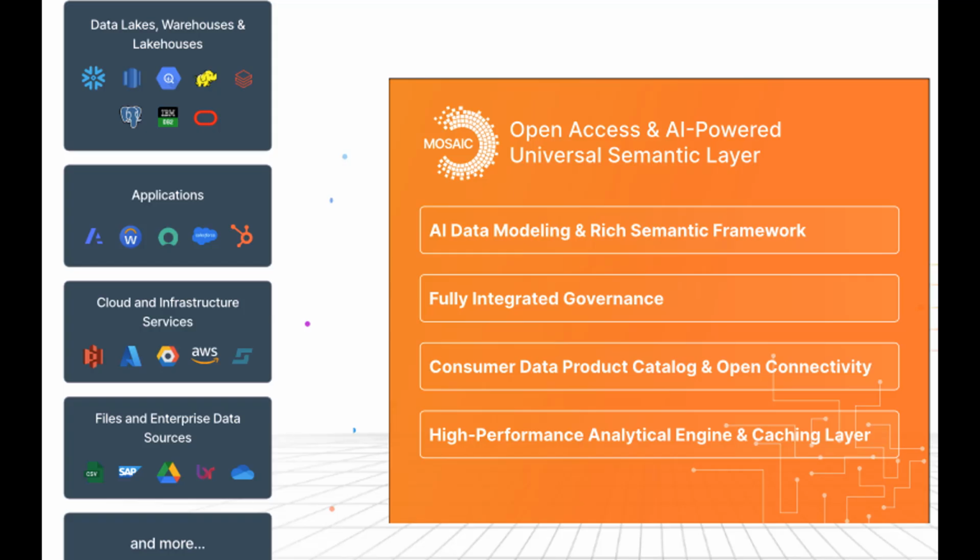As you might know, Mosaic or Strategy is multi-source by design. It connects to over 200 data sources, including Snowflake and Databricks, of course, Oracle, Salesforce, Postgres, all those.